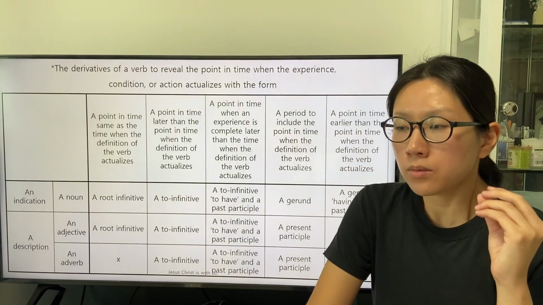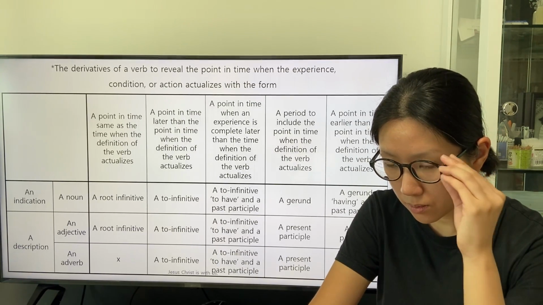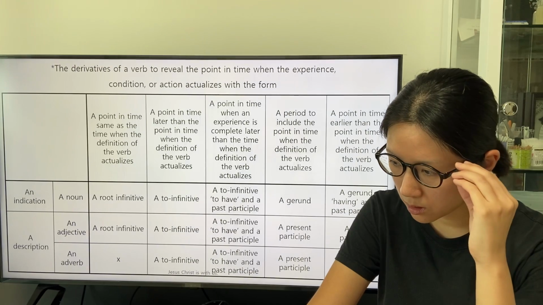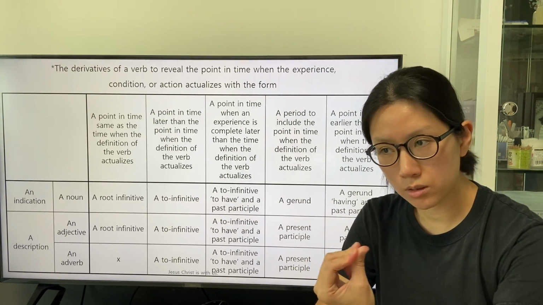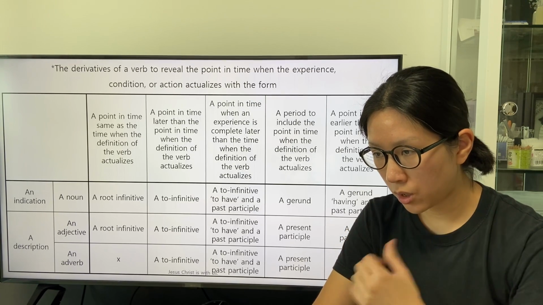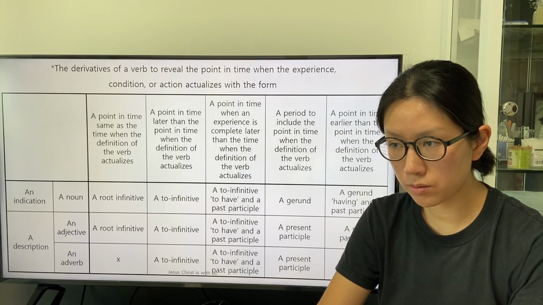And the speaker also can indicate the completion of an experience.